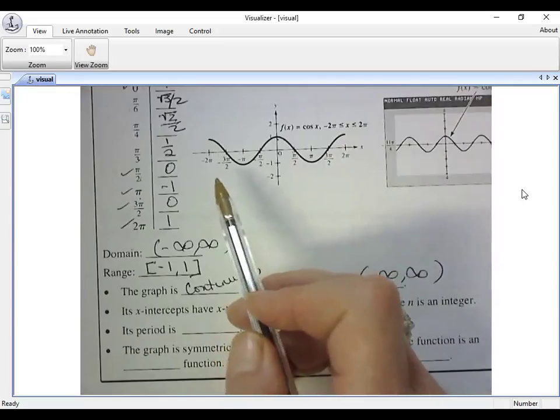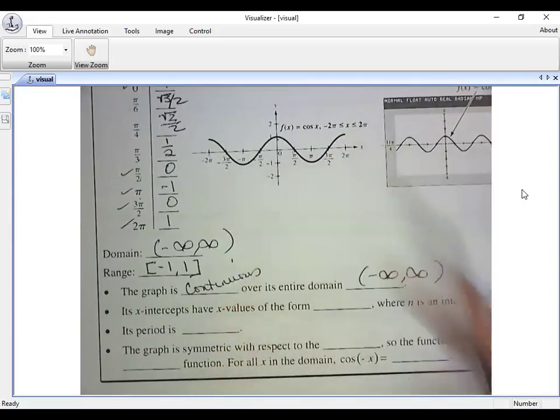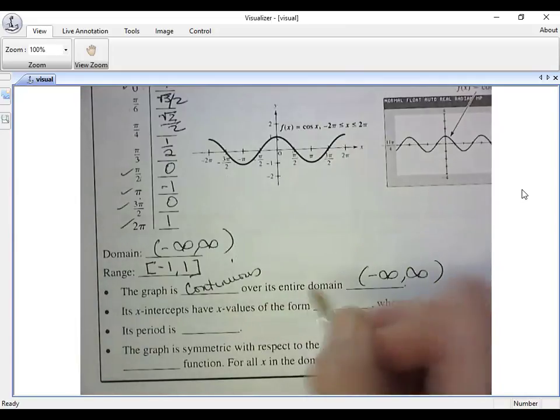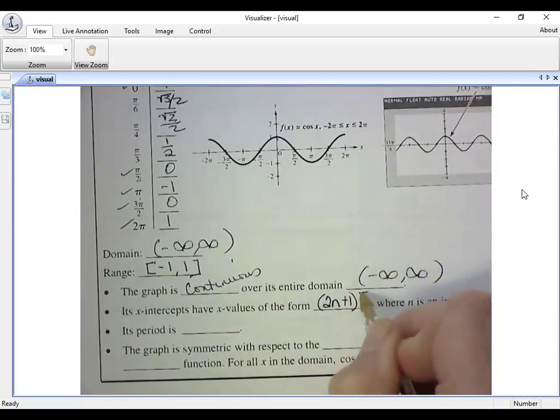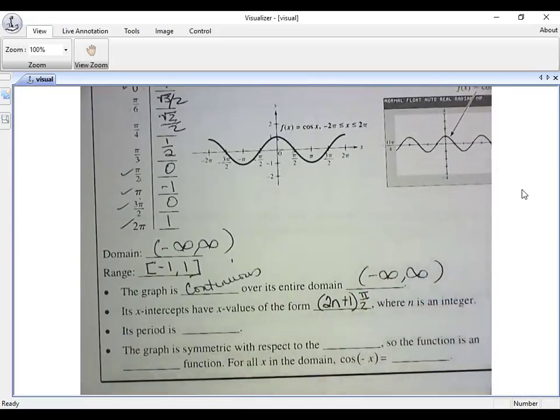This one's a little sneakier to figure out how to write it as a multiple, so let me just give it to you. You're not going to have to do this on a test, by the way. But if we pick some number for n, multiply times 2 and add 1, then that means for sure we've got an odd number. Wouldn't you agree? If you multiply that times pi over 2, then you will always have an odd multiple.